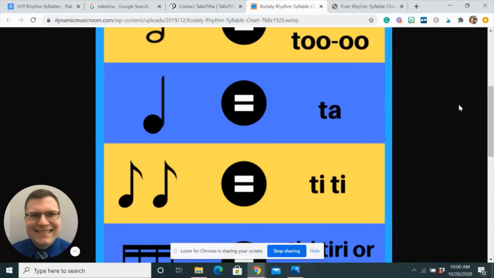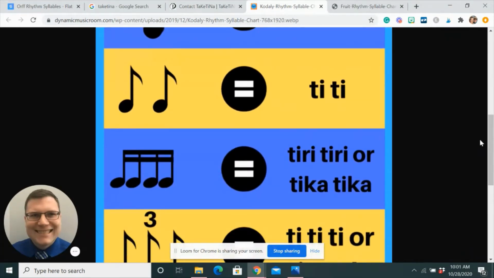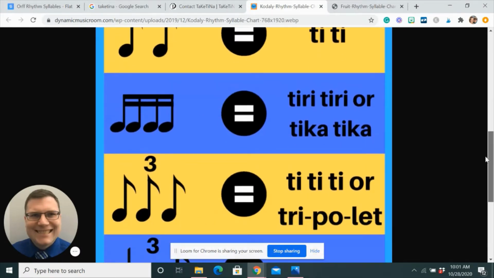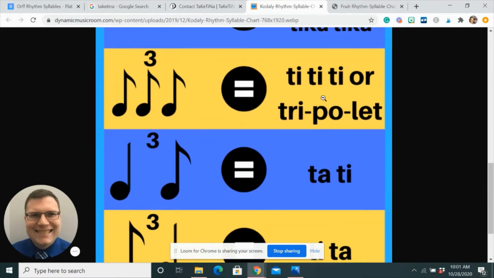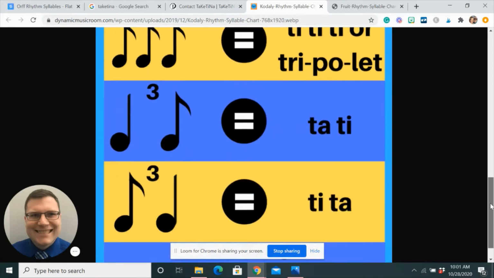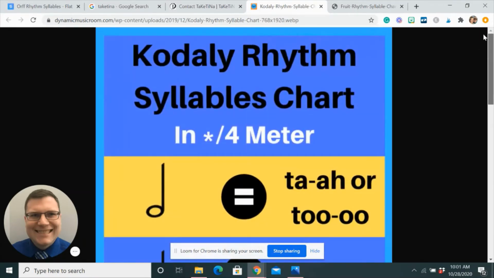Two eighth notes, ti-ti. Four sixteenth notes, traditionally ti-ri-ti-ri, but as I mentioned in my other video, in other languages the R is more like a soft D. A lot of us use ti-ka now to get that bouncing sound. For triplets there's not a clear definition: tati, tita, and stuff like that.